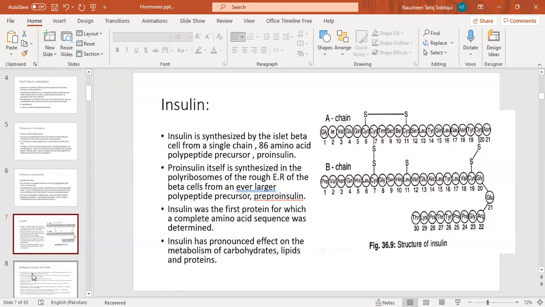Insulin was the first protein for which a complete amino acid sequence was determined because it was a very important component.